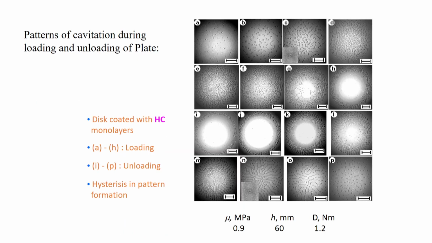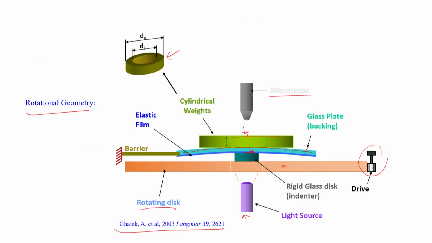So here we just put the load, and we do both the loading and unloading experiment. We can continue to put one load upon another. This is loading without shearing, and then we do unloading. We can do both, and we want to see whether there is any hysteresis in pattern formation.